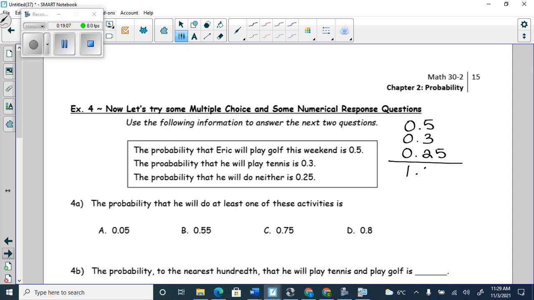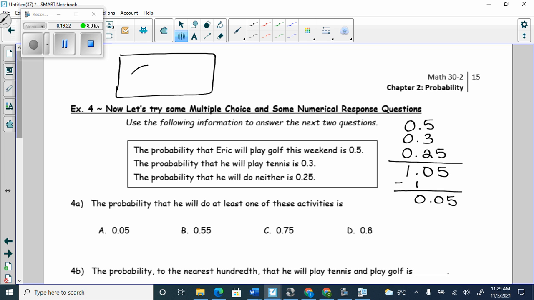1.05? If I subtract 1 from that, the overlap is 0.05, right? So I go to draw my Venn diagram. Probability Venn, so it has probabilities.